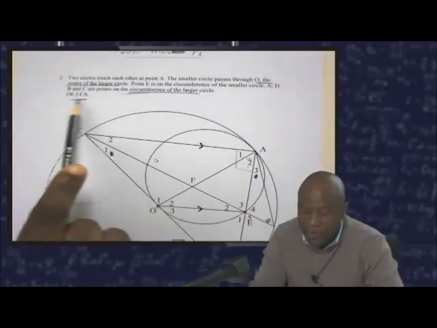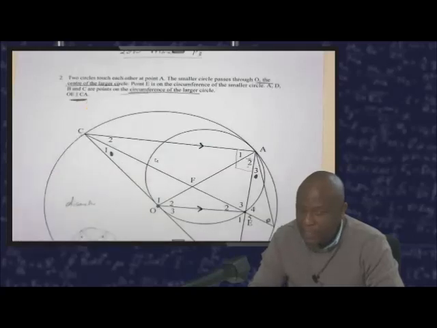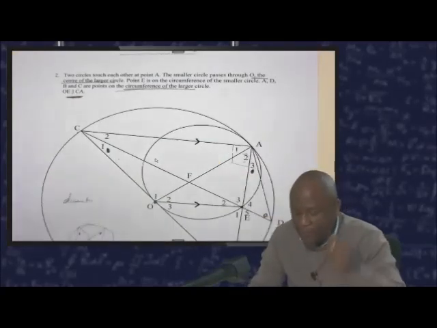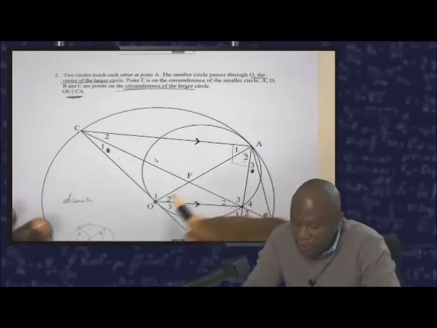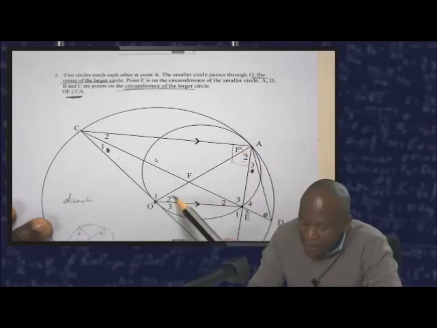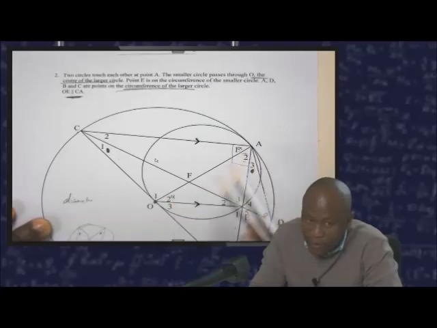We are told here OE is parallel to CA. If we have parallel lines, then we know that this angle must be equal to that angle. Why? They are alternating angles. Are you happy with that?